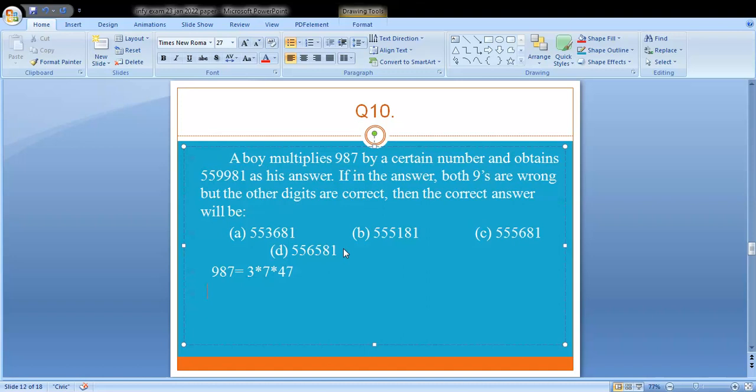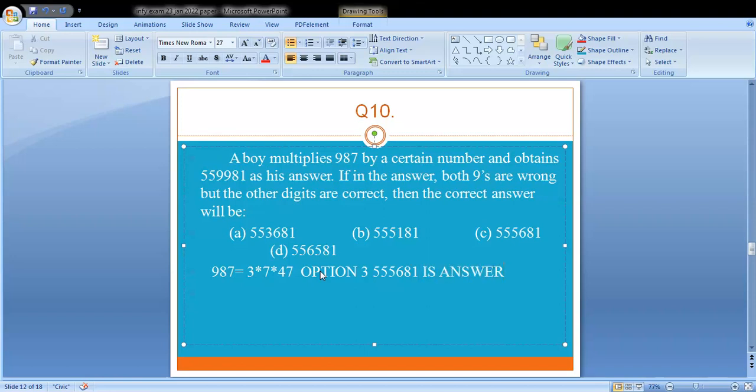Let us see the third one. 5 plus 5 plus 5, 15 plus 6 is 21, 21 plus 8 is 29, 29 plus 1 is 30. So option 3, that is 555681 is the right answer.